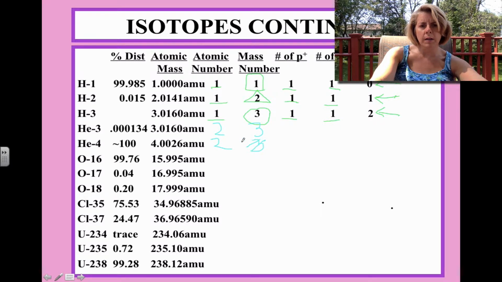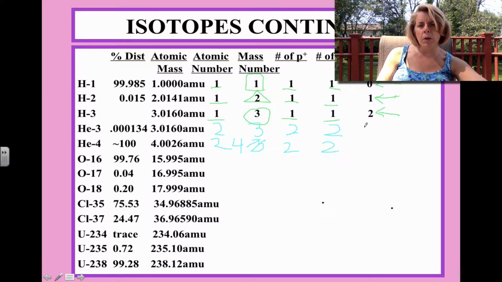I'm just going to cross that out and make it a 4. My eraser doesn't work. Okay, so we have a mass number of 3, a mass number of 4. For the number of protons, they have to equal the atomic number, so both of these have 2. They are neutral atoms, so they have to have an equal number of electrons.